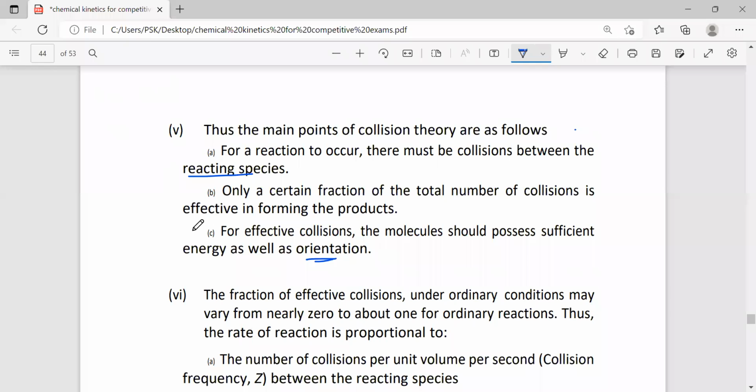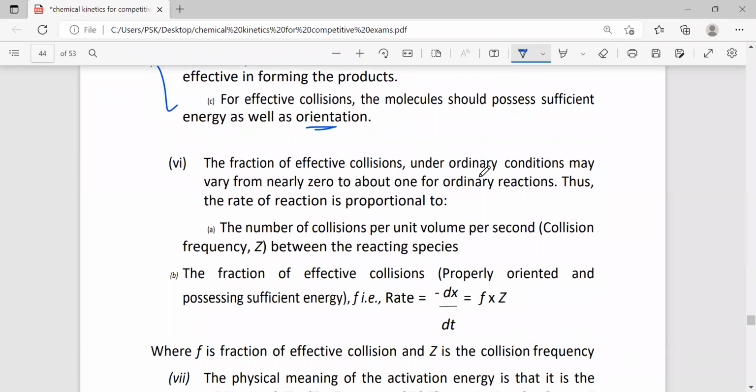These are the three conditions for a molecule to undergo effective collision. The fraction of effective collisions under ordinary conditions may vary from nearly 0 to about 1 for an ordinary reaction. Thus, the rate of reaction is proportional to, okay, we will come to this concept a little later.